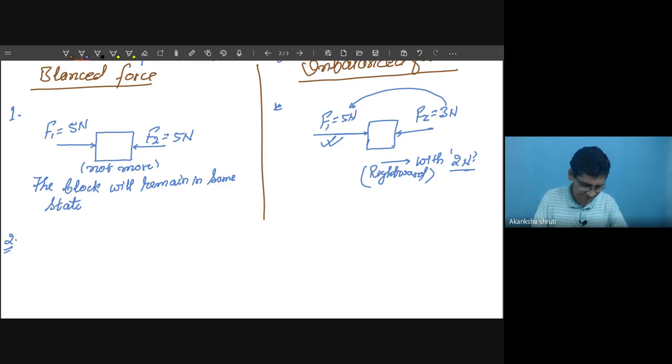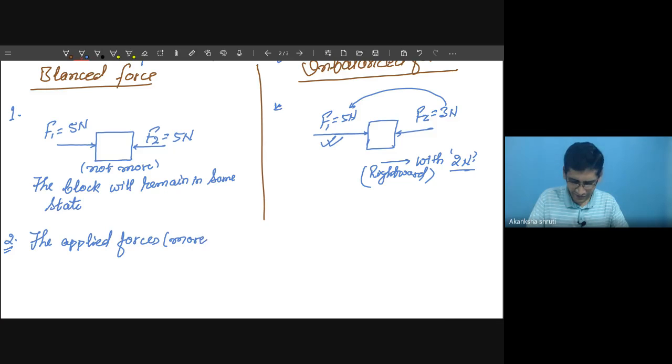The applied forces, students, this is not a single force but more than one force.